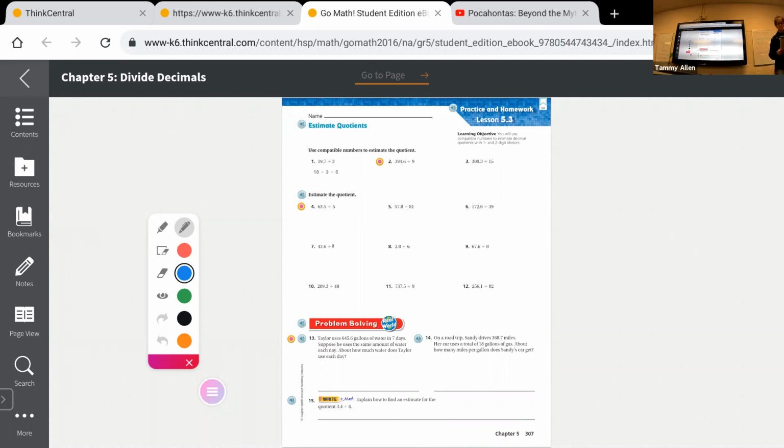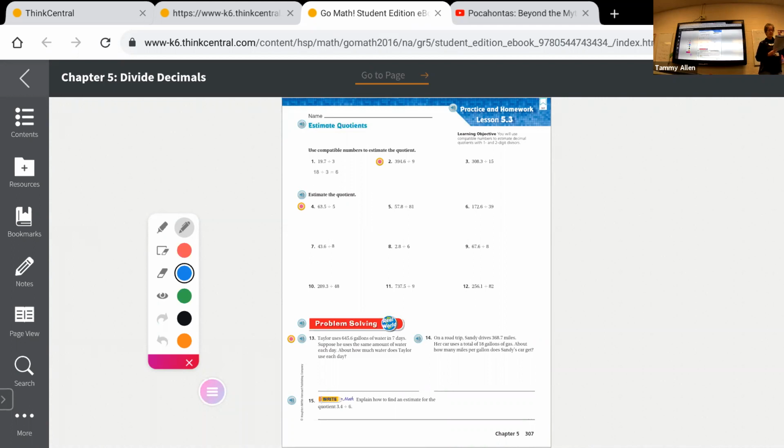Okay? Number 8. 3 and 0 tenths divided by 6 equals 5 tenths. Or 2 and 4 tenths divided by 6 equals 4 tenths. Would be the two most logical ones to use. Yes? Okay. 3.8. Okay, so you changed the 6 to a 7 and you got 4 tenths.